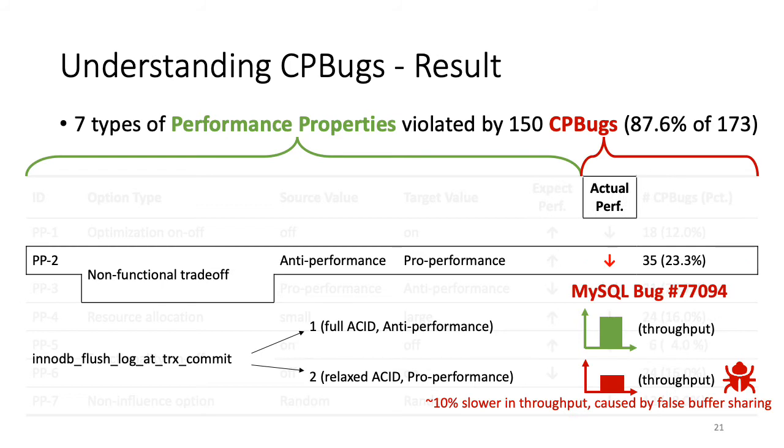But in this MySQL bug, a lower level of ASE results in lower performance. This violates the option's performance property, so a CP bug is exposed. This bug is caused by false buffer sharing between 2 write events.